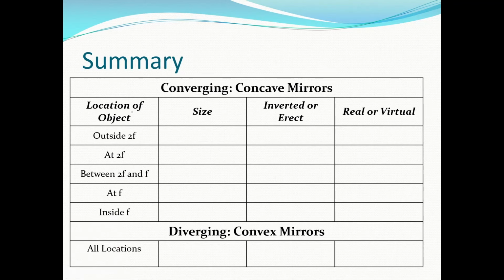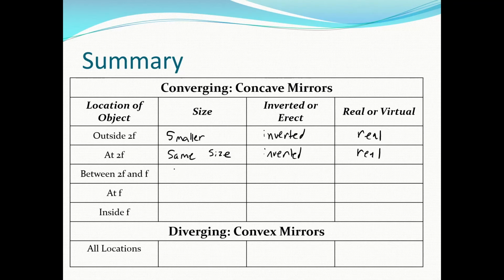So with a concave mirror, if we're outside of 2F, we are smaller, we are inverted, and we are real. If we're at 2F, we are same size, we are inverted, and we are real.